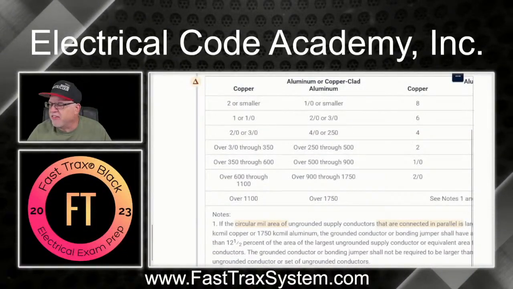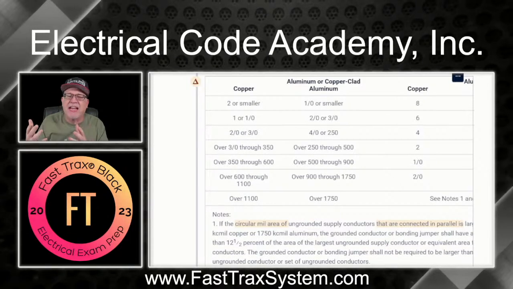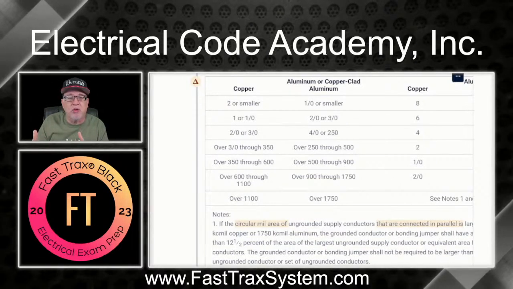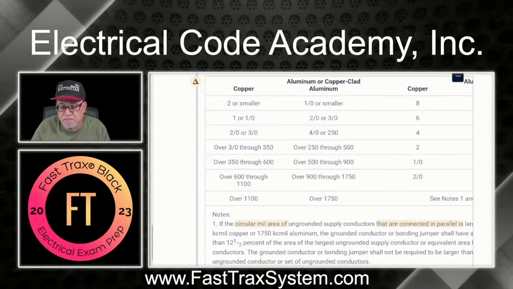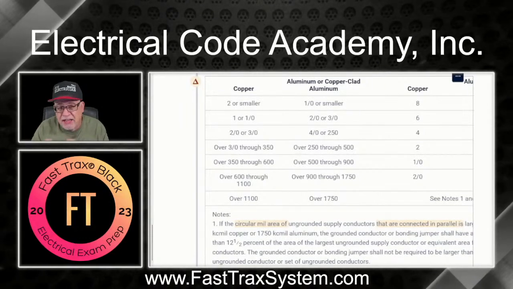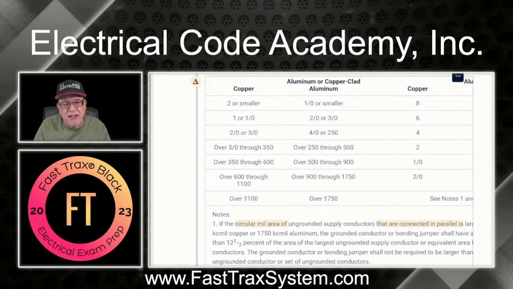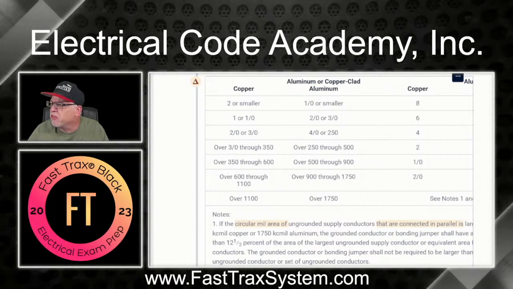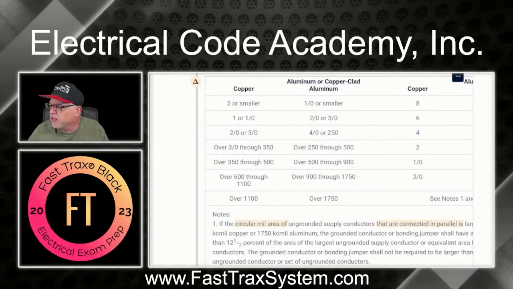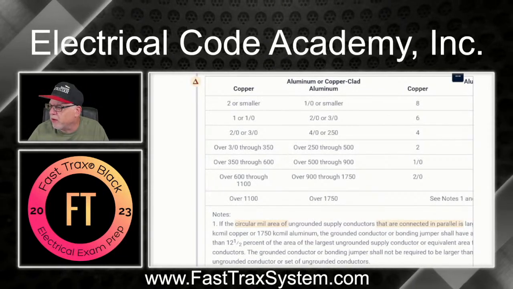Let's say that we did a 12.5% and we got 162,000 circular mils, and the grounded conductor had to be equal to that. Chances are there's not a conductor that is perfectly tailored to that. So we go to Chapter 9, Table 8, conductor properties.